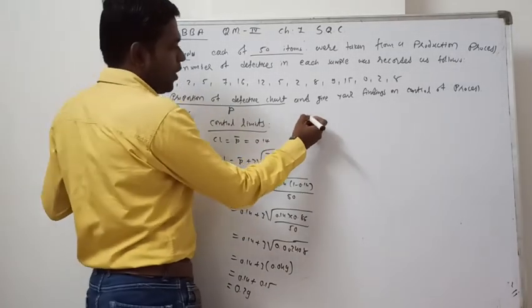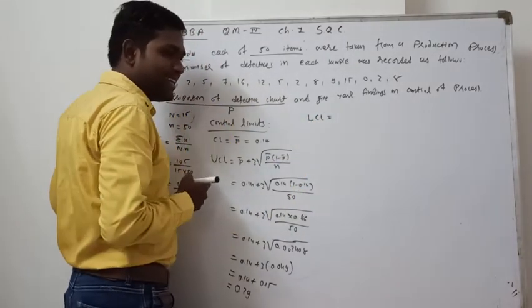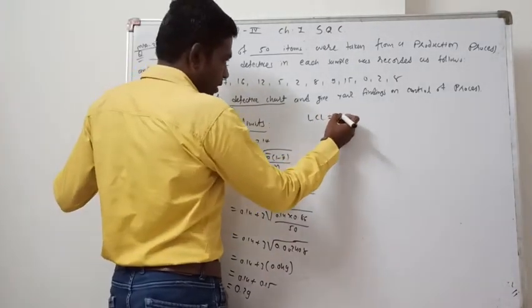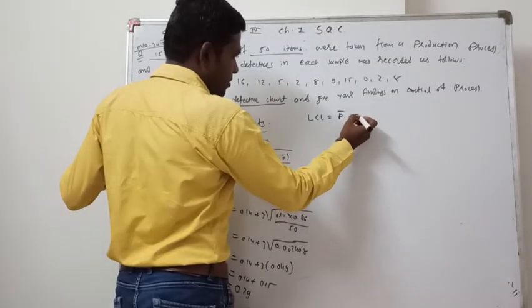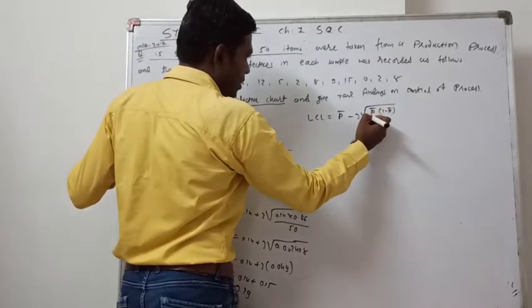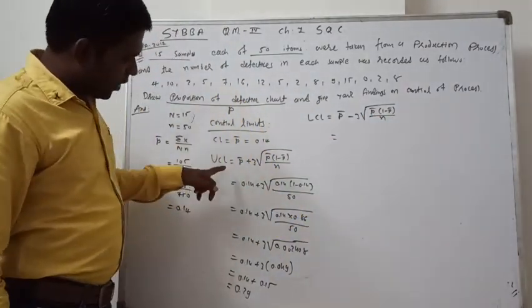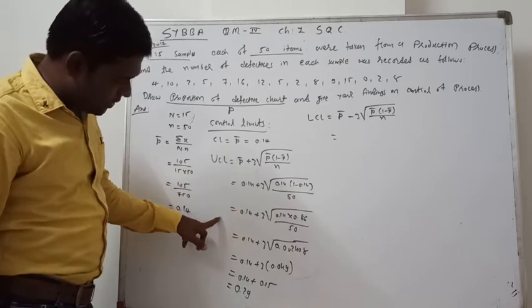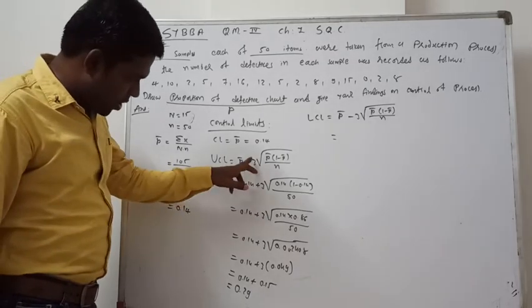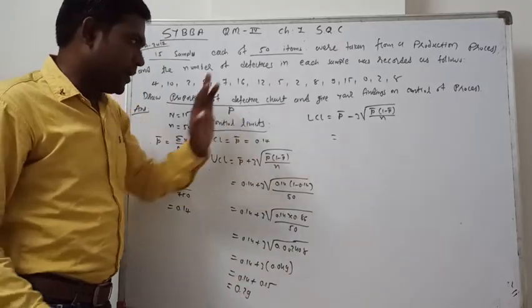Now we have to find the lower control limit, that is LCL. The formula is P bar minus 3 square root of P bar into 1 minus P bar upon n. This whole calculation is the same; you have to repeat all these steps. Just change the plus to minus.